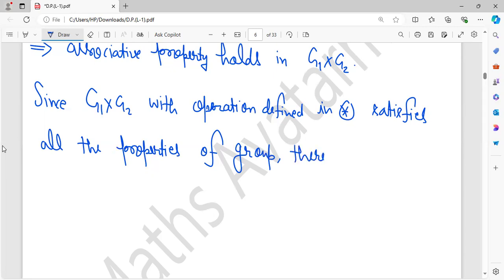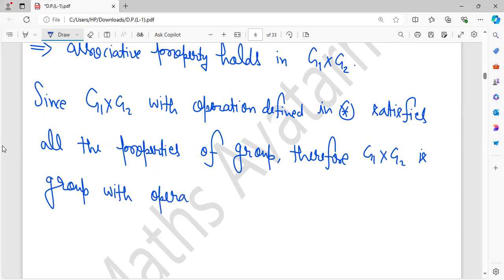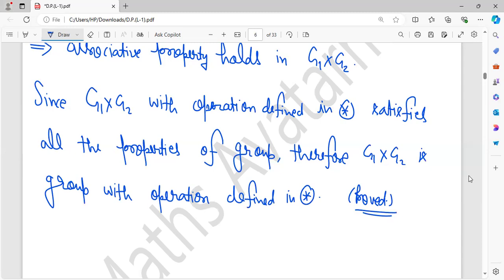Therefore, G1 cross G2 is a group with the operation defined in star. Okay. So this is done. So G1 cross G2 is a group. Okay. So this is called external direct product.